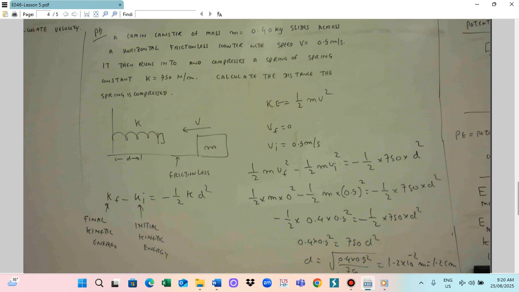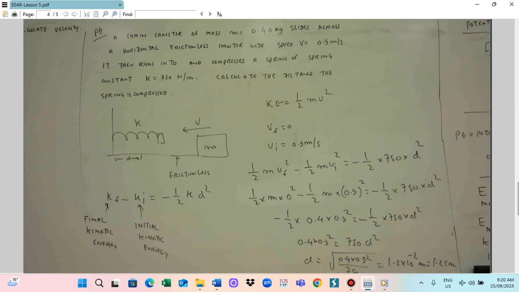The mass is 0.4 kilogram. So the first term is 0, and we have minus half into 0.4 into 0.5 squared equals minus half into 750 into d squared. By solving this, 0.4 into 0.5 squared is 750 into d squared.